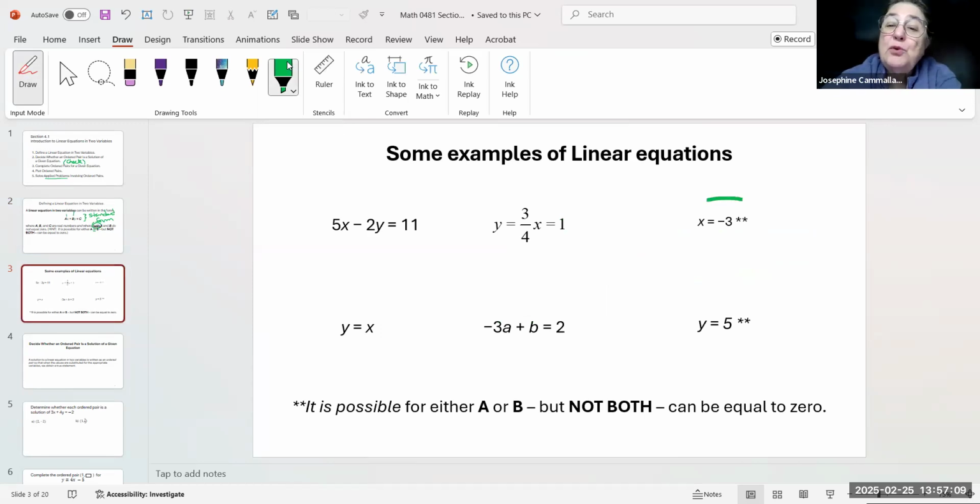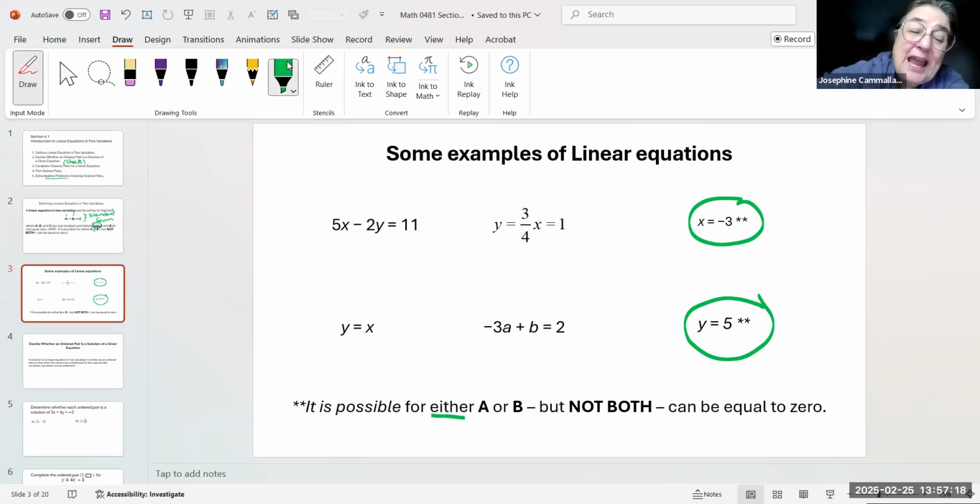Now, I want you to notice the two over here. Okay. Now, remember we said that either A or B could become zero? Well, that's where in these two equations, you have to recognize that mathematicians don't like to write zeros.